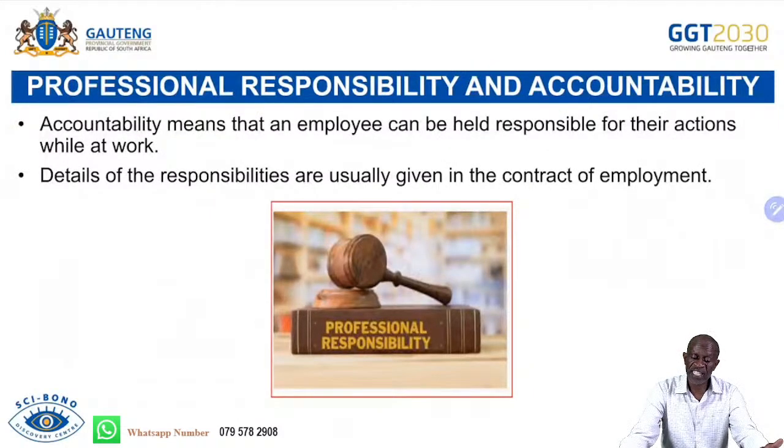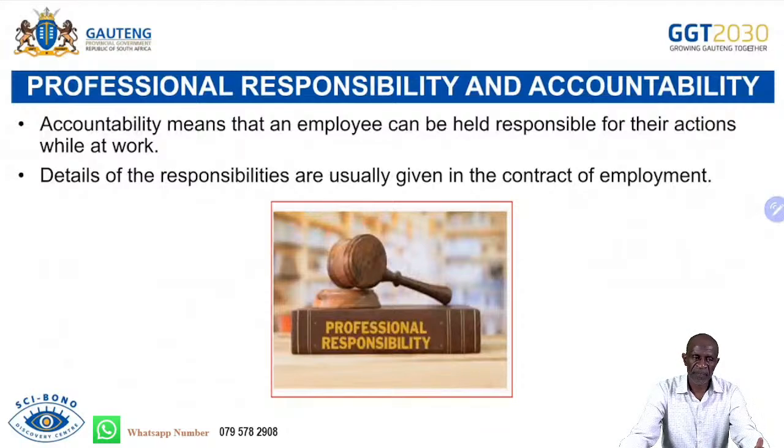Professional responsibility and accountability. The term accountability refers to the fact that an employee can be held responsible for their actions while at work. So here we are referring to mistakes that employees can cause to the company. For such mistakes, an employee might be required to pay.